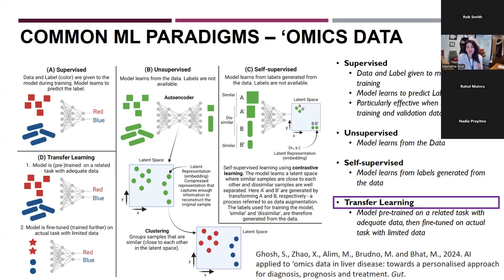By applying transfer learning, this allows that model to pre-train and then further learn from the local data.